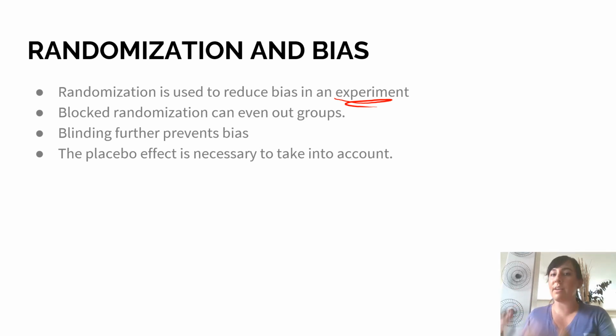If you don't have anything to compare your experimental group with, then you don't even know if anything happened in your experiment. You have to see what it looks like if a group is completely normal, just letting nature do what it does, versus a group that has the treatment you provided. So you have to be able to compare.